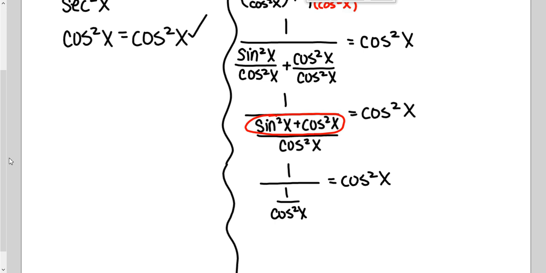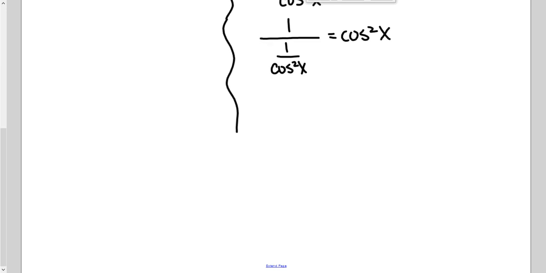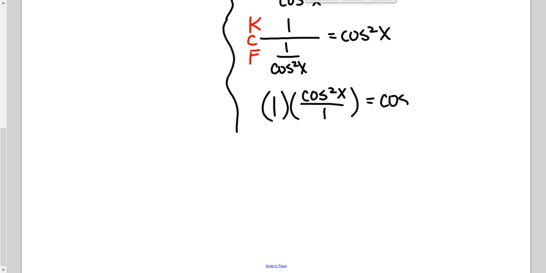All right, well, I'm doing fractions, I'm doing dividing. So that is keep, change, flip, keep the 1, flip the second. Cosine squared divided by 1 is cosine squared.